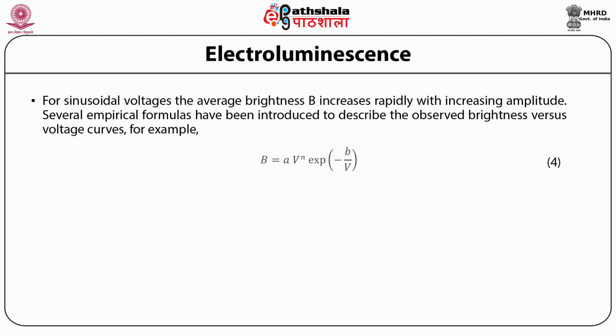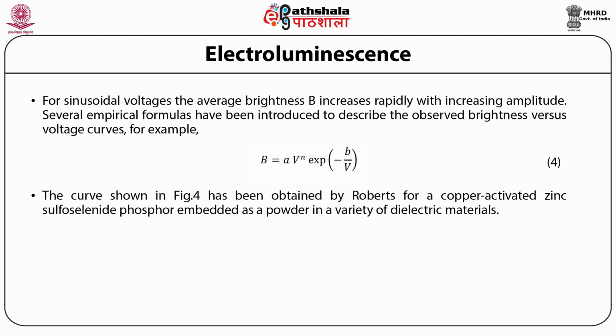For example, B = A V^n exp(-C/V), where A, n and C are constants. The curve shown in figure 4 has been obtained by Roberts for a copper activated zinc sulfoselenide phosphor embedded as a powder in a variety of dielectric materials.